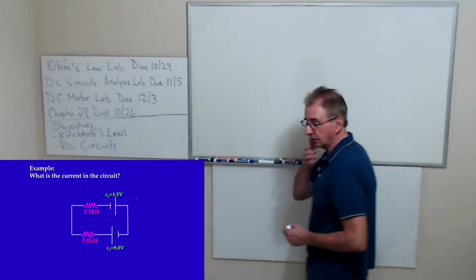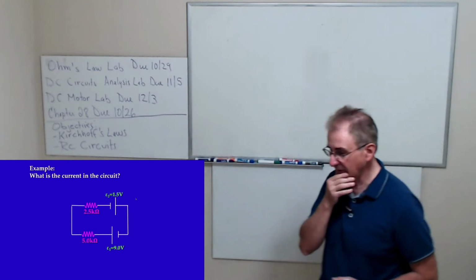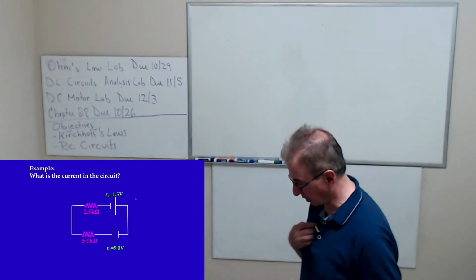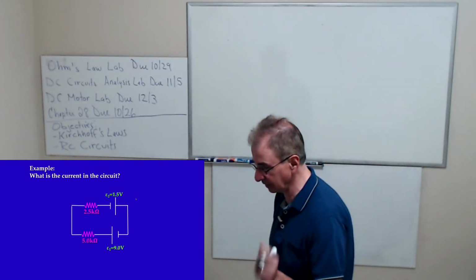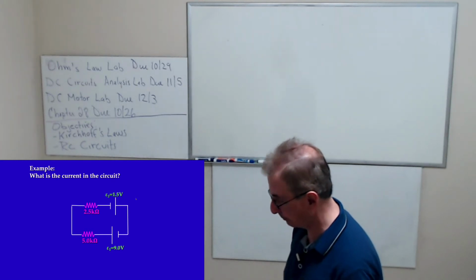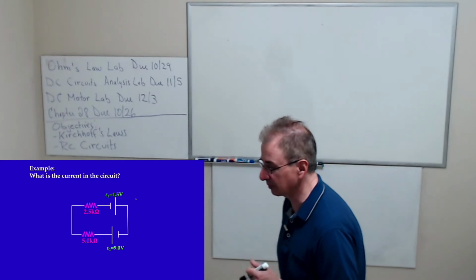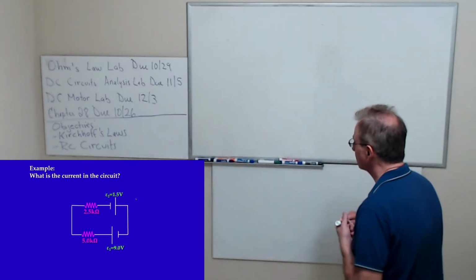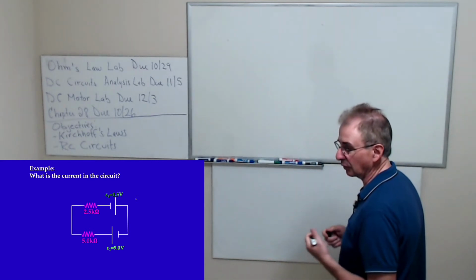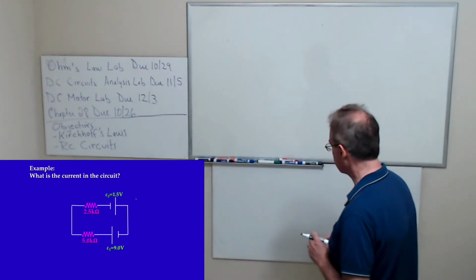So what I want to do is start with another example of DC circuits, and this is going to lead to solving more complicated problems. So let's review some things we've learned about DC circuits.